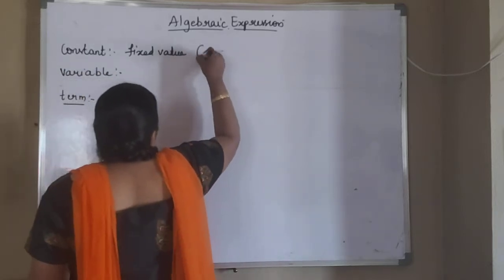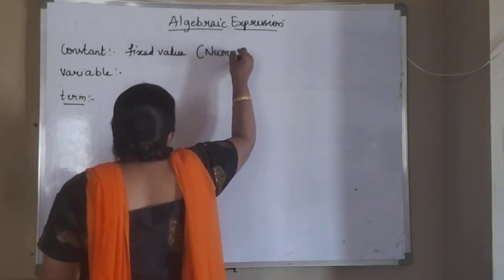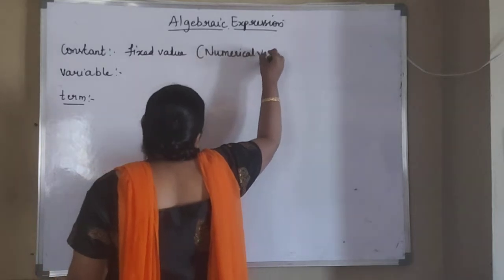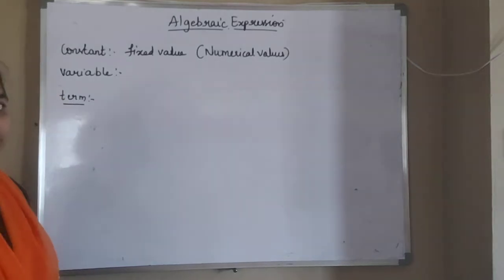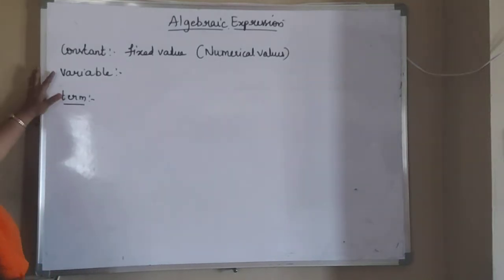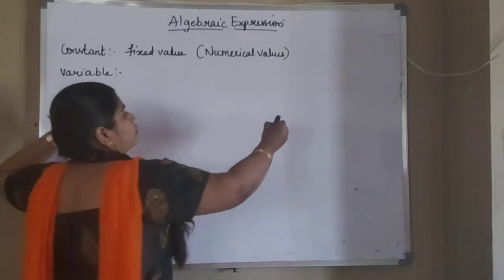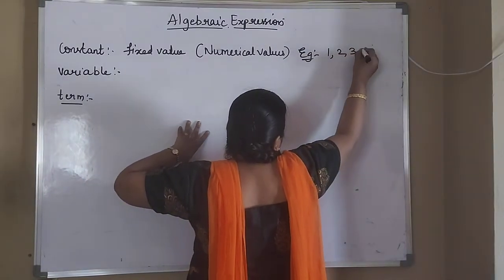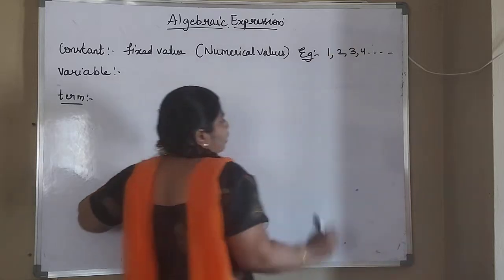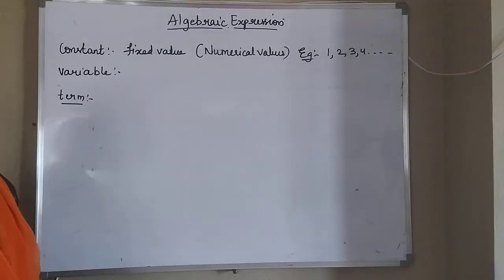For example, 1, 2, 3, 4 and so on, all numerical values are constant values.